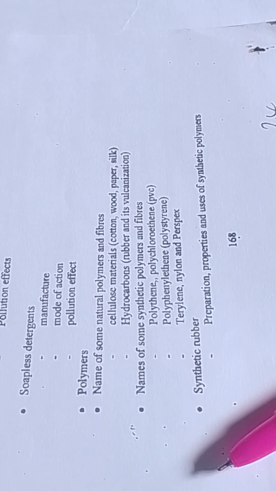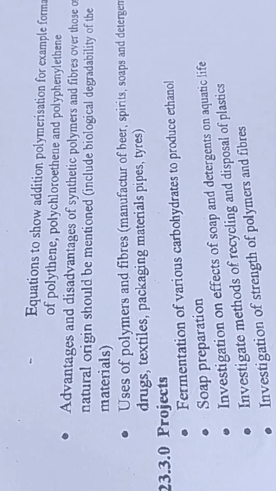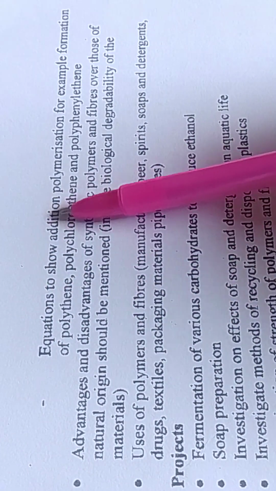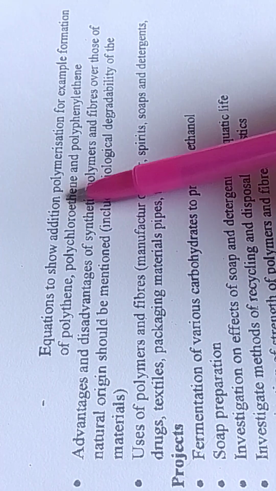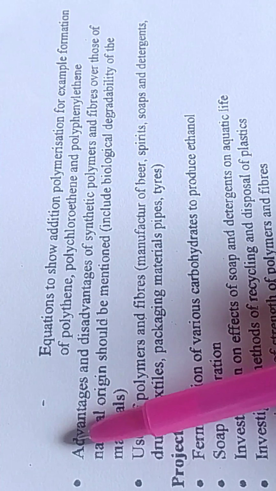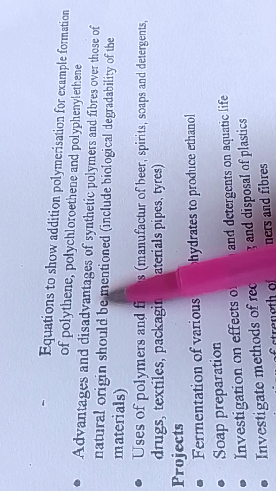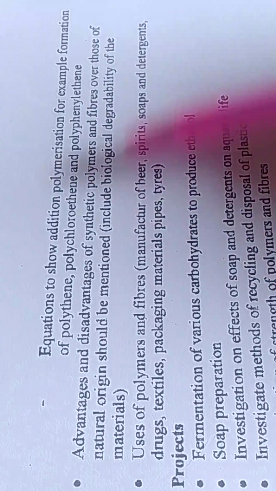Now let's finish the very last part of it, which includes equations to show addition polymerization, for example the formation of polythene, polychloroethene, polyphenylethene, and the advantages and disadvantages of synthetic polymers and fibers over those of natural origin should be mentioned, including biodegradability of materials.